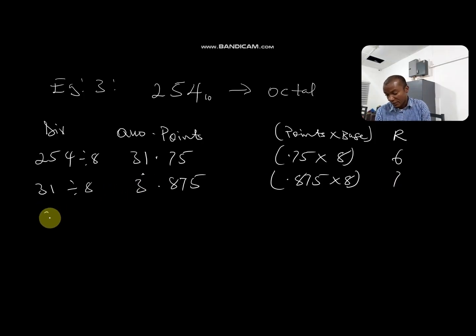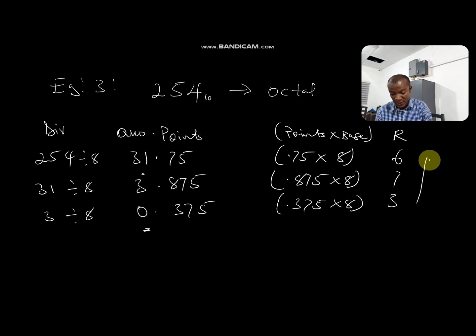Now I bring the 3 here, divided by 8. 3 divided by 8 will give me 0.375. 0.375 times the base, which is 8, will give me 3. Remember 3. And here we read the answer. Anytime you have 0, you end it there, then you read your answer. So it's equal to 376 base 8.